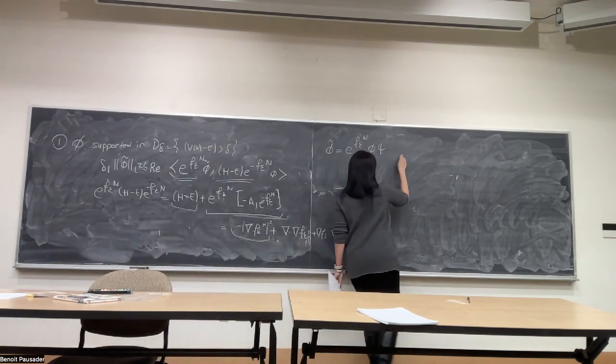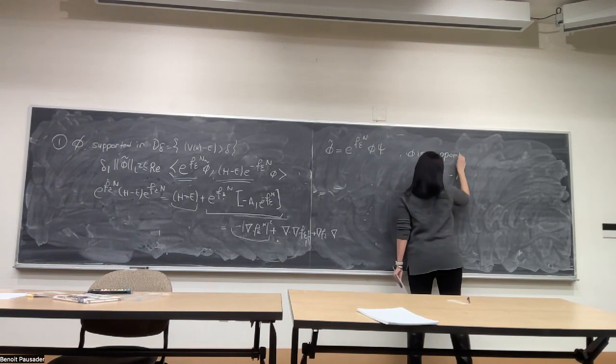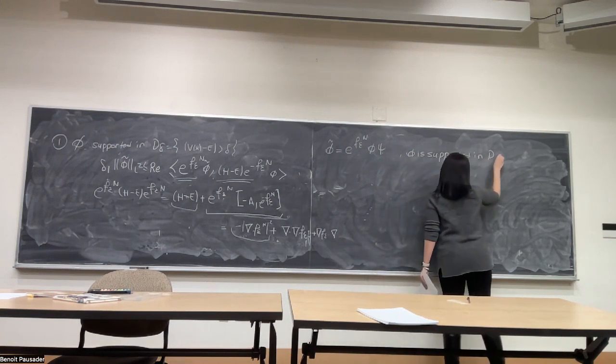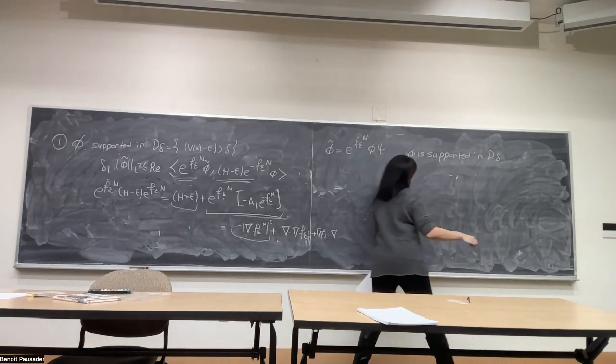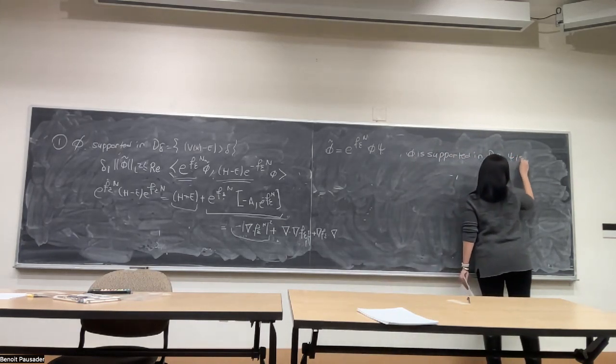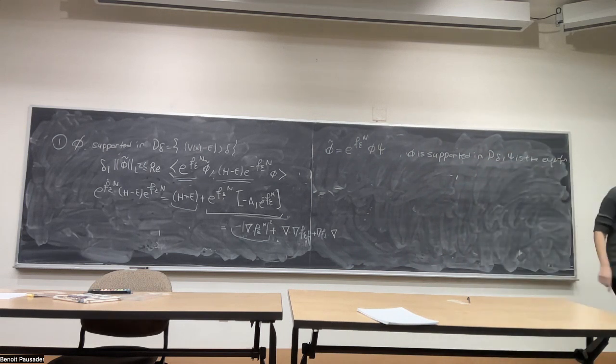This phi will be supported in the same way that I defined as delta, and psi is an eigenfunction. Just put phi tilde there where you didn't have it before, but phi tilde has an exponential weight outside.